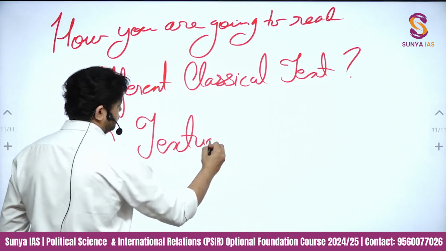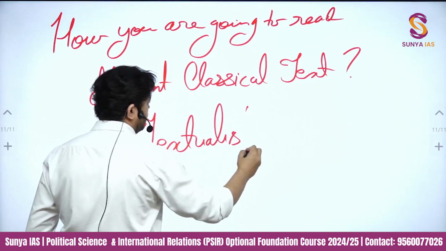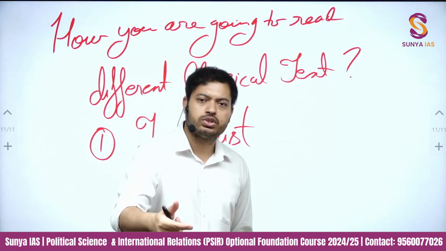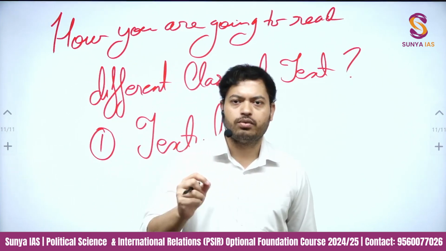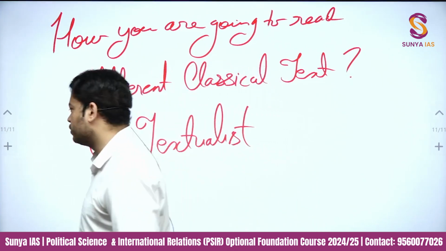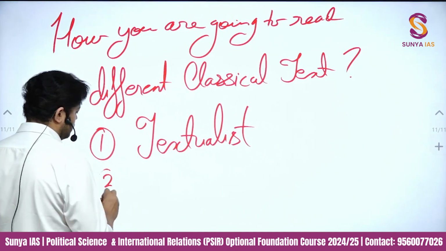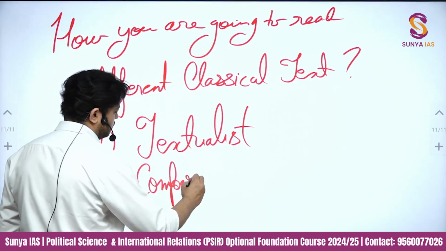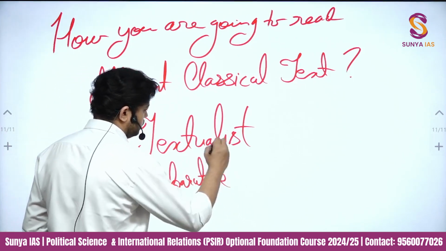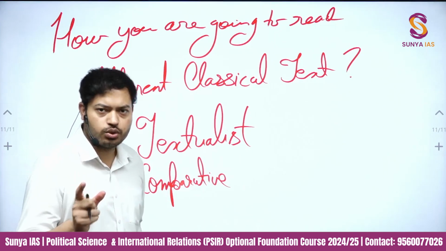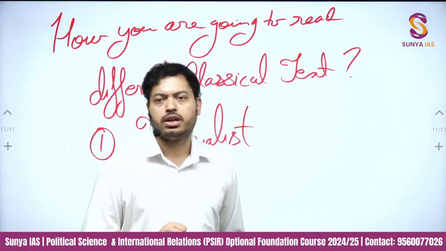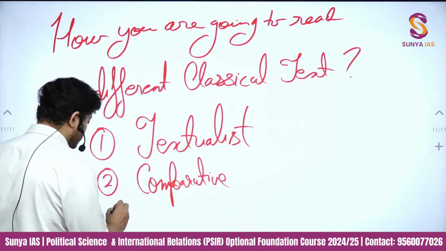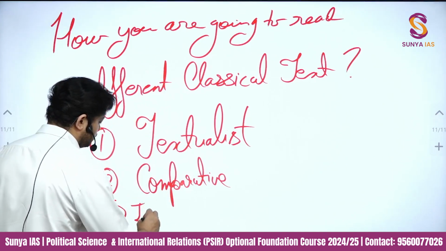Don't worry, not only will I explain this, we'll actually apply these approaches on at least 2 books to give you an idea. The first is the textualist approach, the second is the comparative approach, and the third is the interpretative approach.